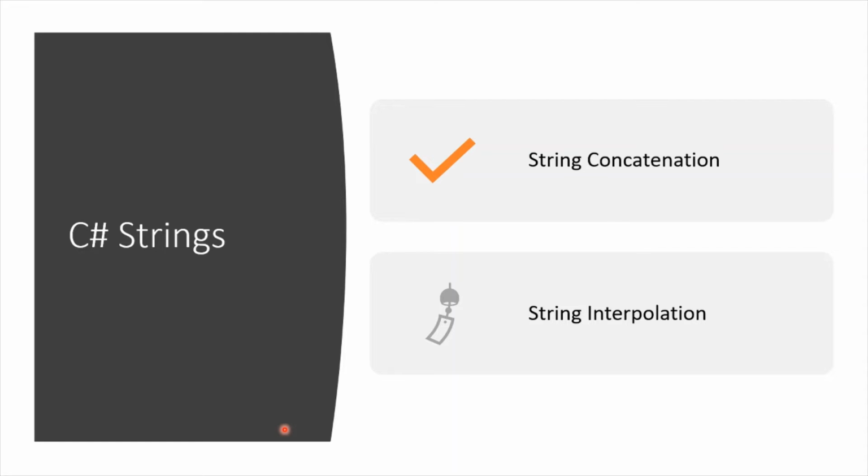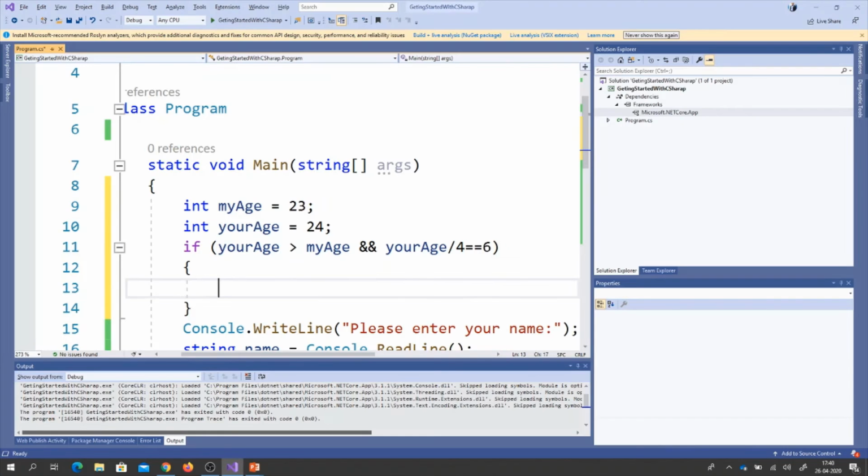You have two main operations: concatenation and string interpolation. String concatenation is adding two strings together, right? You have other operations as well, because string comes from a class.